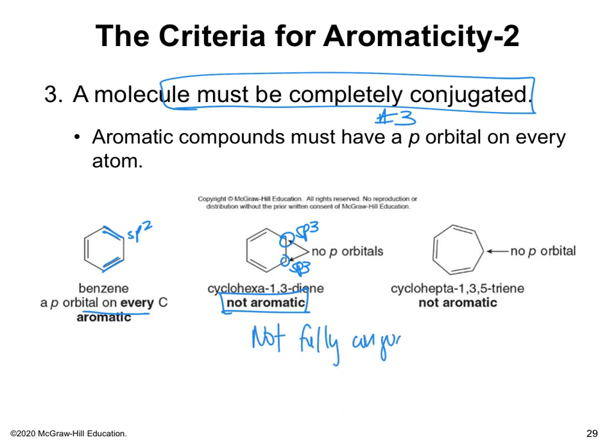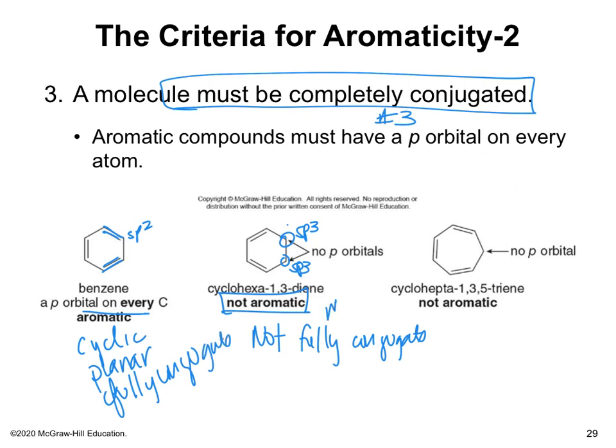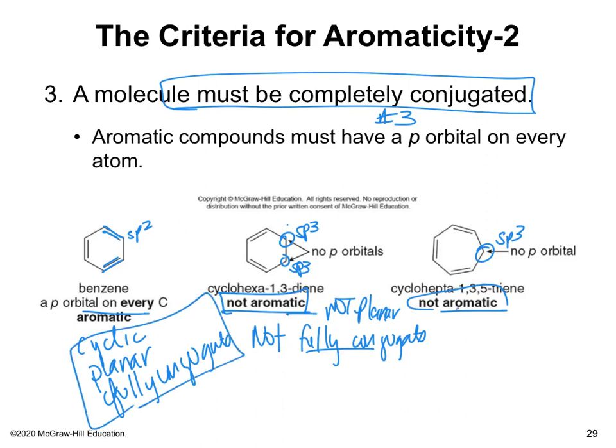So you see that this is cyclic, it's planar, and it has to be fully conjugated. This one is sp3, so it's not planar and not fully conjugated, so it's not aromatic. If it's not fully conjugated or cyclic, it's not going to be.